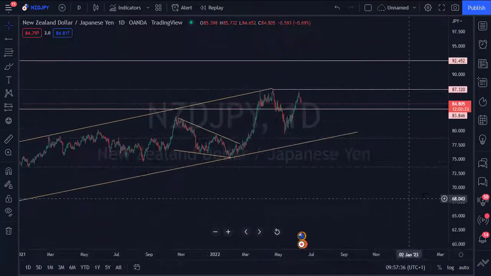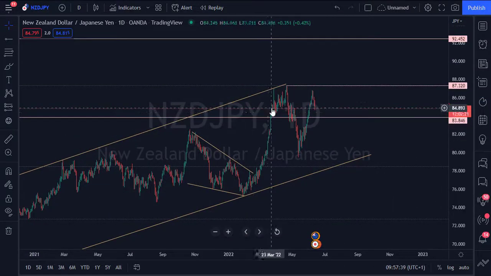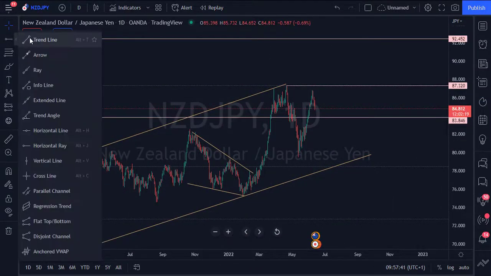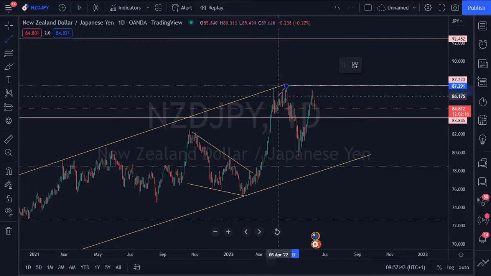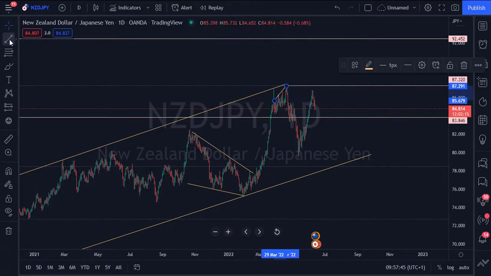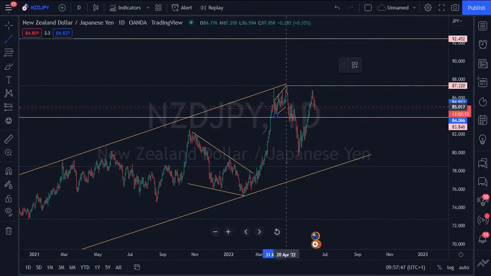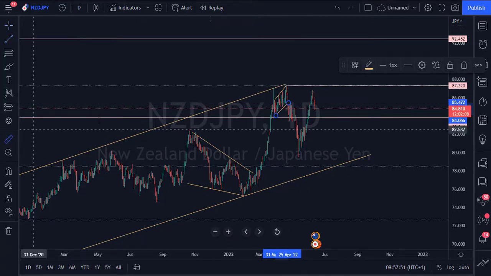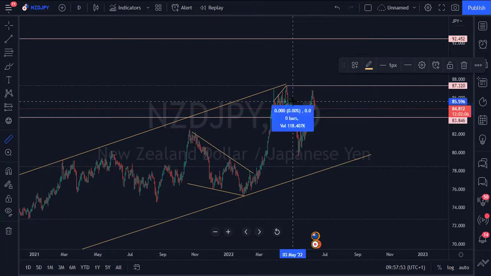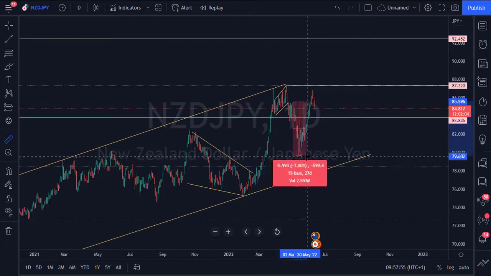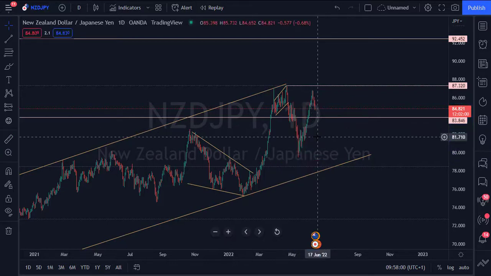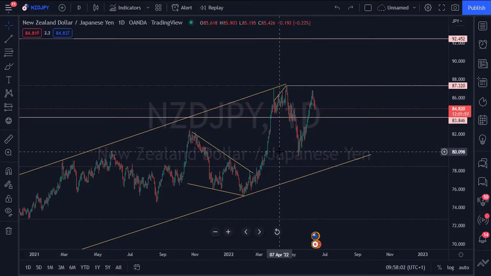So the market sold for some time here after it gave us this smaller ascending channel. From here to here, say about 600 pips. So this was going to be a good trade, but I didn't take that trade. I'm not sure I took that trade.